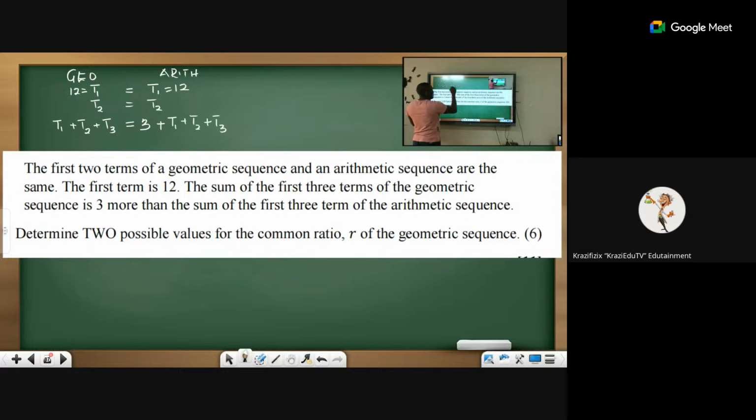Can you see? I've interpreted. I am done with the question completely. Find the two possible values of R. Beautiful. Let's do this on a different page.